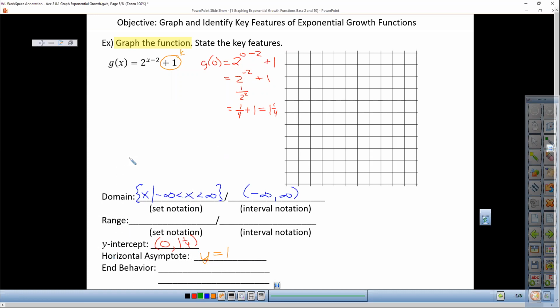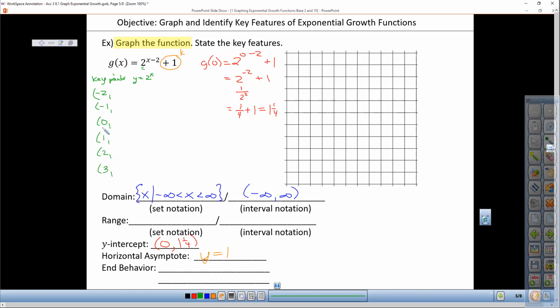All right, so now we're going to start with our graph. So here, my key points. My base here is a 2. So my key points that I'm going to start with are those points that come from the powers of 2 and using the parent function of y or g of x equals 2 to the x. And remember the x's, we start with -2 and -1, and we go all the way to an x of 3 for these key points.